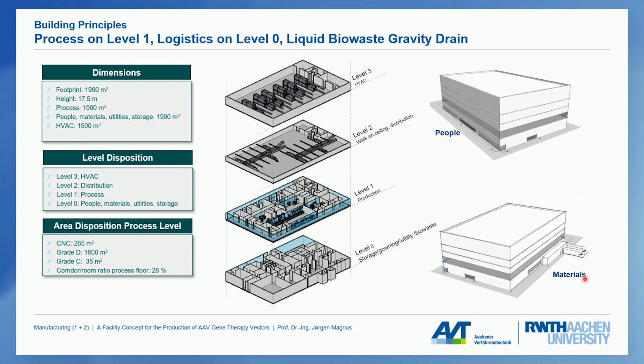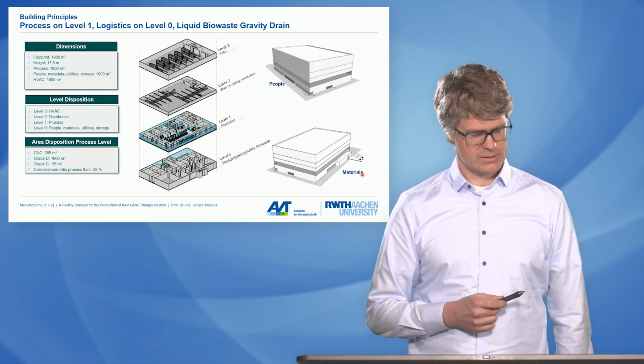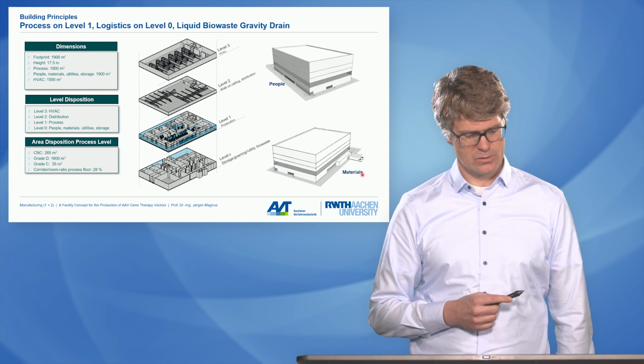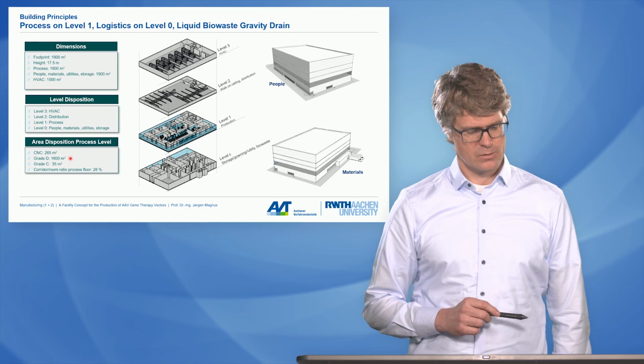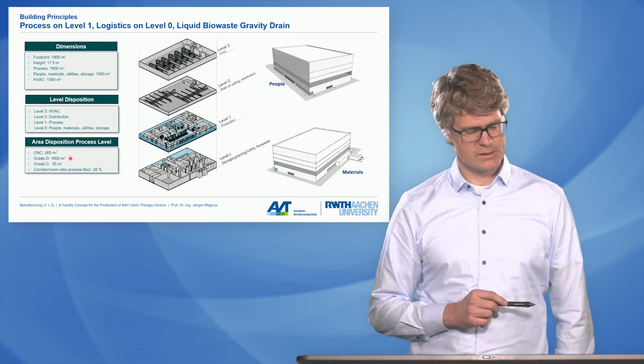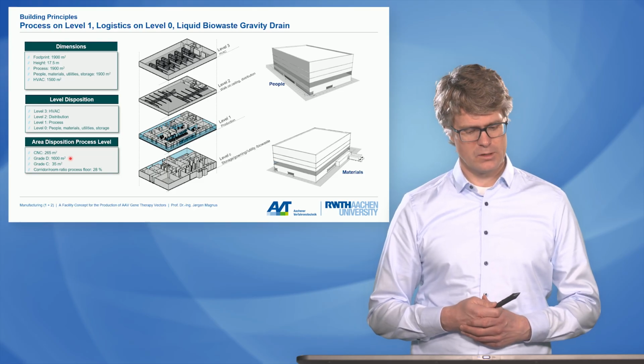And then you have the production level, and then you have this walk-on ceiling where you see the HVAC ducts, and there should also be piping there. And at the top floor, it's the air handling units that provide the HVAC for the production rooms. So that's what gives us the design of the facility, and as mentioned, most of it is in grade D here, because we went for a grade D design, which is maybe not common in these facilities.